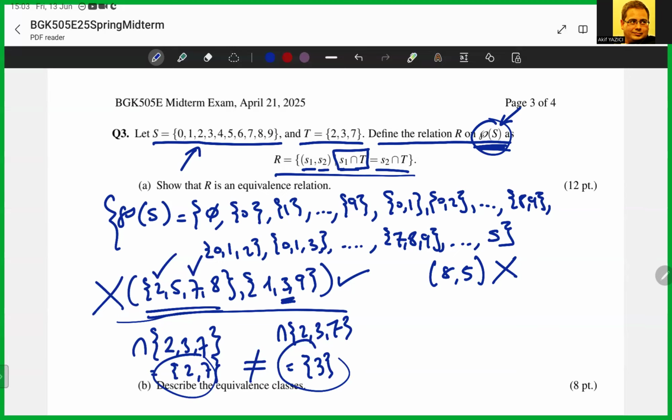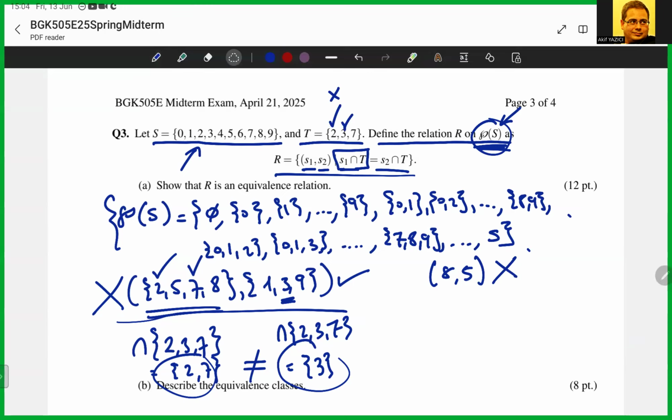Now, so that's relation R. The ordered pairs will be consisting of subsets that have the same intersection with T. So that means if one does have 2, the other also must have. If one doesn't have 2, the other also cannot. And if one has 3, the other also must have 3, and so on. Okay, so that's the idea.